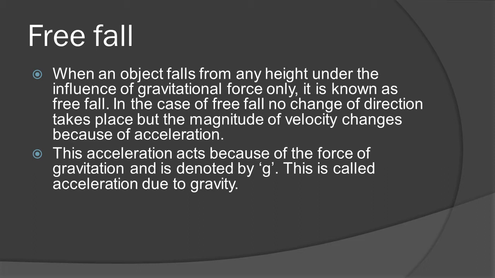This motion is called accelerated motion, and the acceleration is caused due to the gravitational force of the earth. That's why it is denoted by small letter g. Otherwise you people know acceleration is denoted by small letter a. But since this acceleration is caused due to gravitational force, it is denoted as small g.